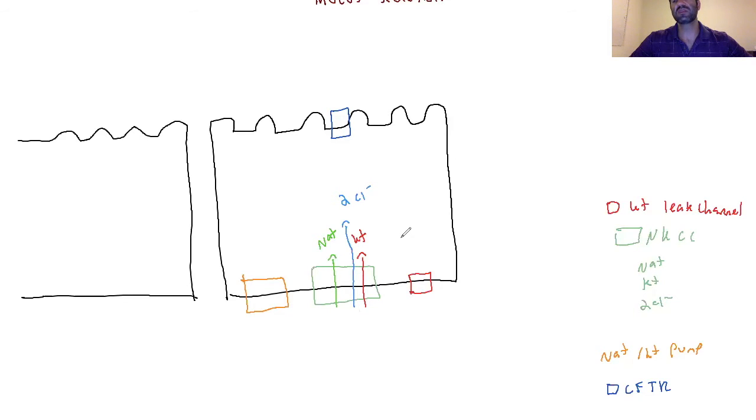So by doing this, you balance out the charges. But we have to do something about the ion distribution.